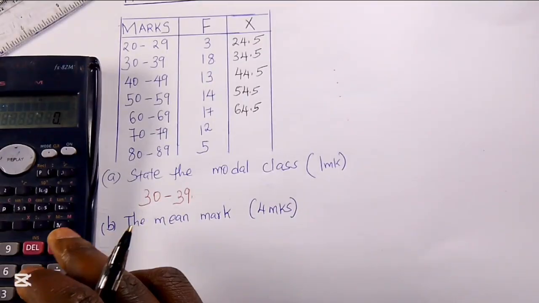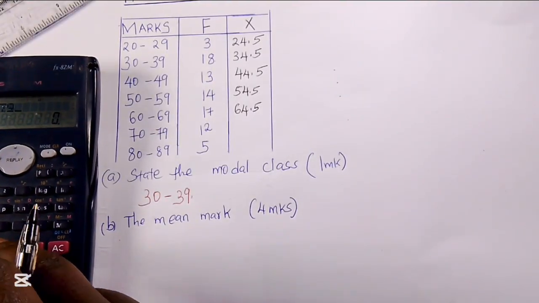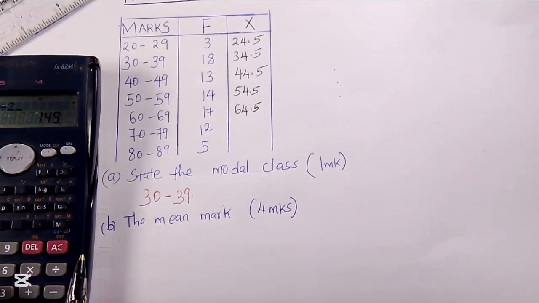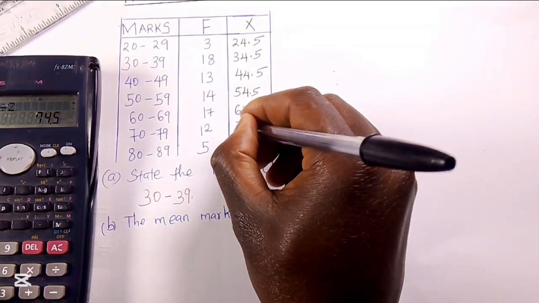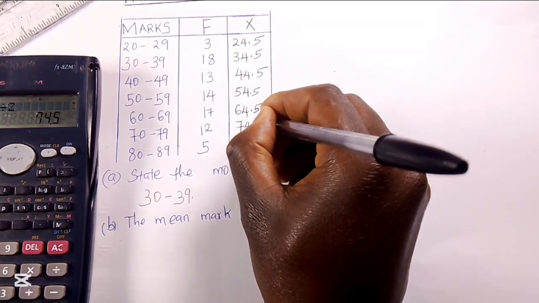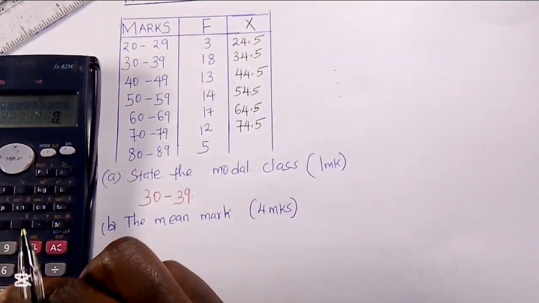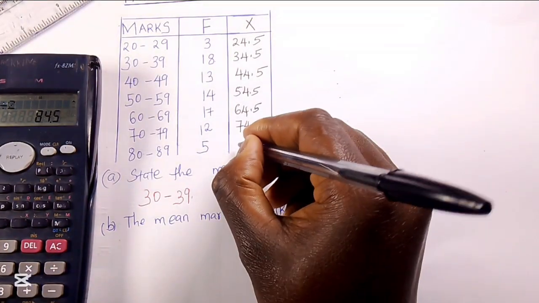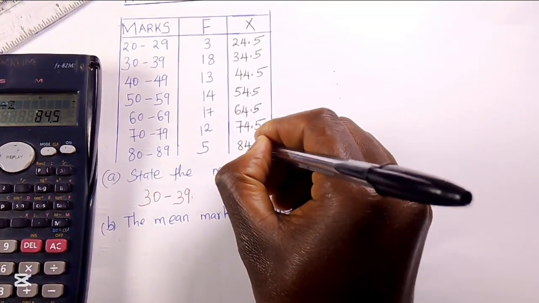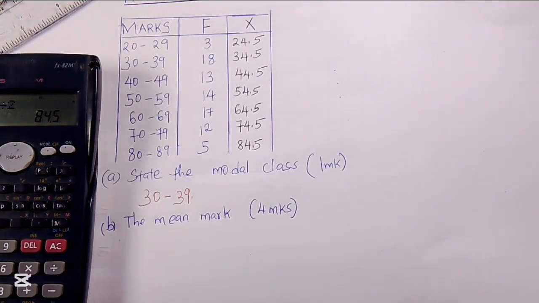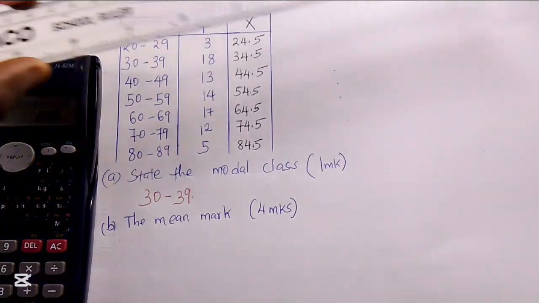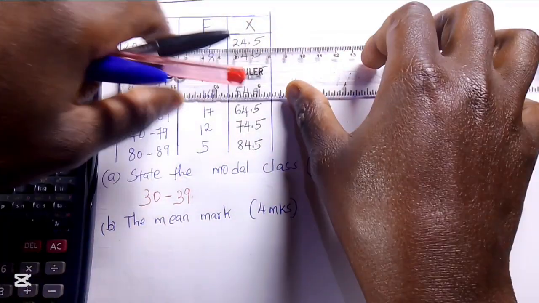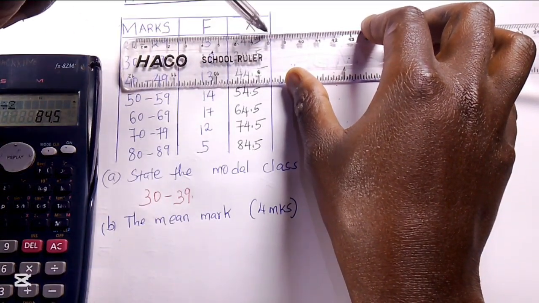Then we have 70 plus 79, divide by 2 is equal to 74.5. We have 80 plus 89, divide by 2 is equal to 84.5.